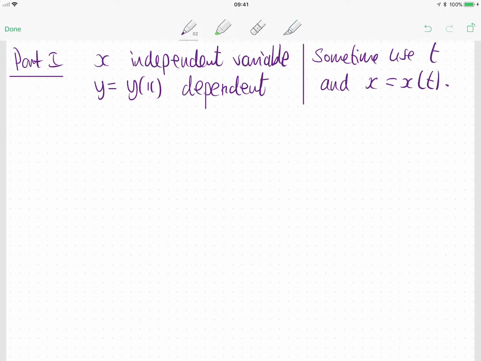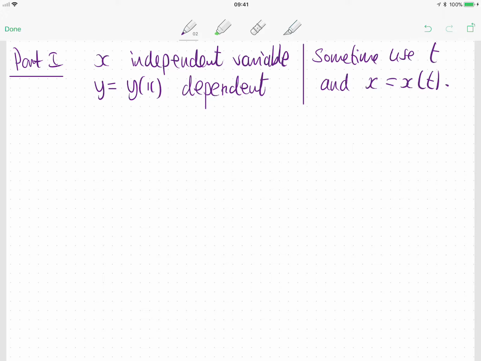This is suitable for physics problems or engineering problems where some variable, say x, changes according to time. So we just need to be a little bit flexible. Just want to highlight that at this stage. We need to really work in the context of the question.